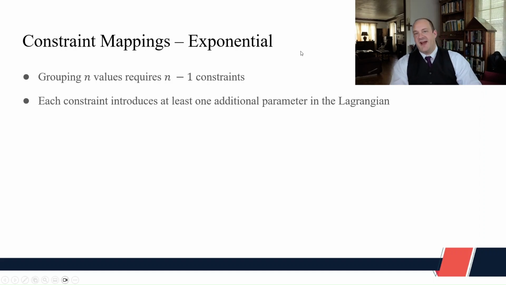Why do we care? And the answer is, well, because each constraint introduces at least one additional parameter to the Lagrangian. And so when you're using the multiplier technique here, when you're using a Lagrangian, that's in the case where all of your constraints are equal, you get an additional parameter in your Lagrangian. The method of Lagrange multipliers, again, known in the 1800s.